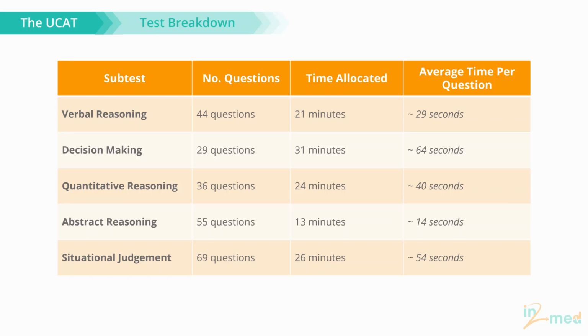Similarly, you cannot skip or go back to a section once you have completed it and moved on to the next one. Each section also has a 1-minute introduction with instructions, which can give you a breather. That's why the times in the table only add up to 115 minutes, not 120 minutes.